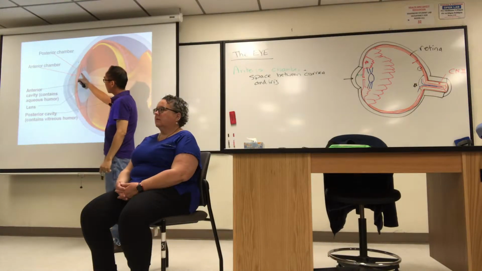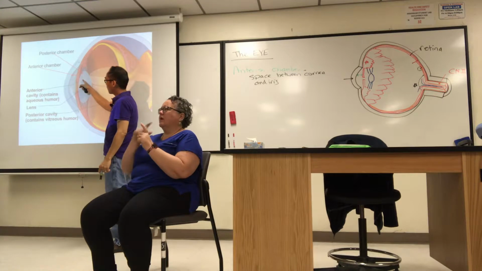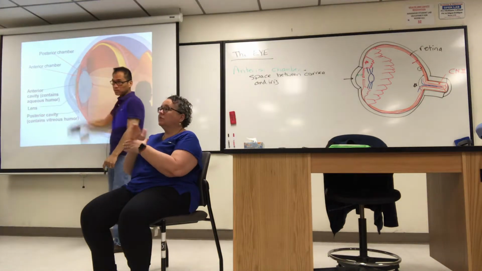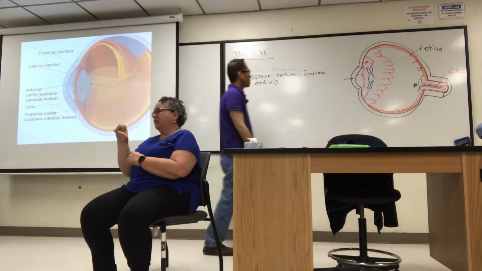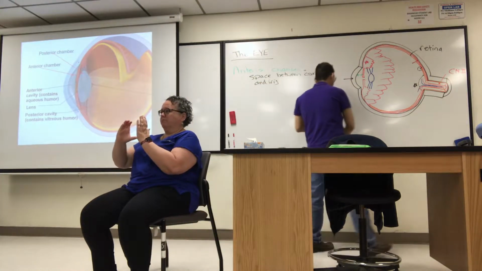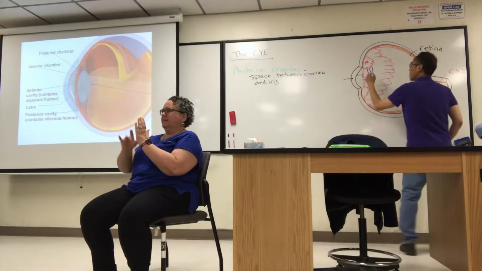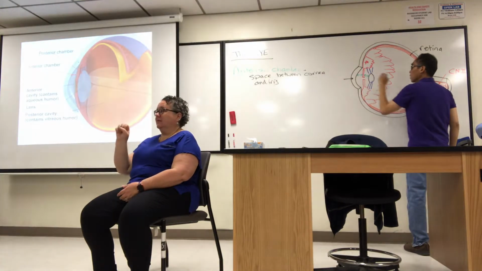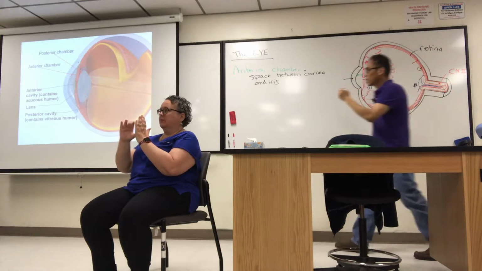Kind of hard to see. I tried to indicate the posterior chamber as being the space between lens and iris, here to here. Posterior chamber.